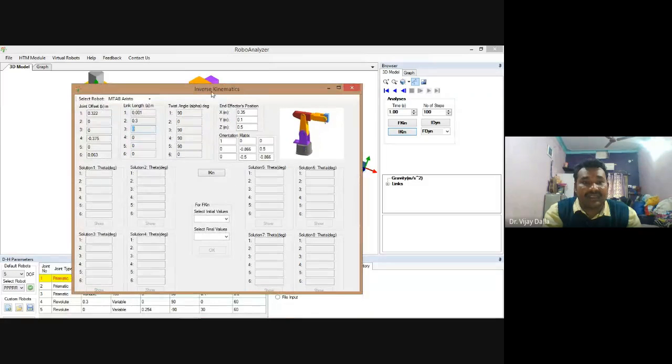See, in this inverse kinematics, how many solutions are we getting? Please observe how many solutions we are getting and why. But in the case of forward kinematics, we were getting only one solution. Here, in the inverse kinematics, we are getting multiple solutions.